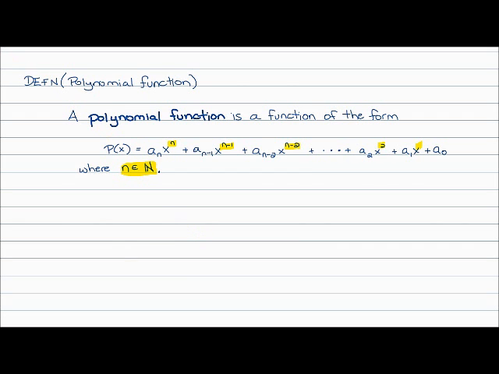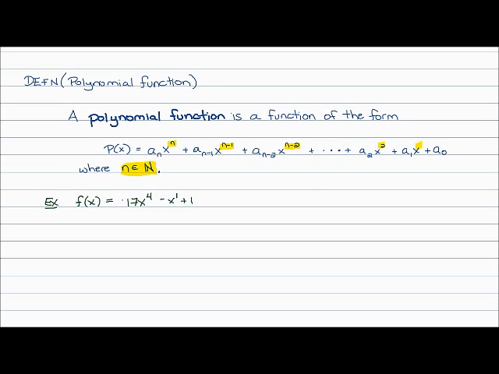Now, it does not need to have all the powers in between. For an example, the following could be a polynomial function. F of x is equal to, let's do 17x to the 4th minus x plus 1. That's a polynomial function, even though we're missing some of the powers in between x to the 4th and x to the 1st. It doesn't have to include all the powers in between.